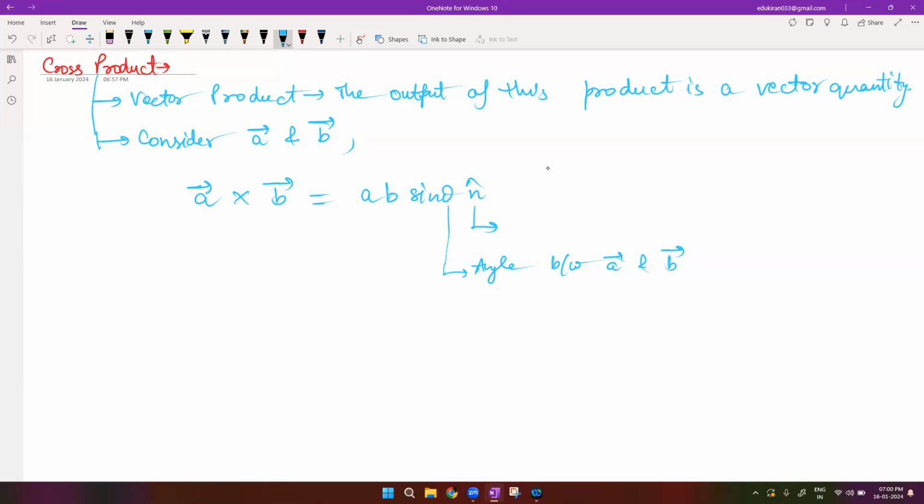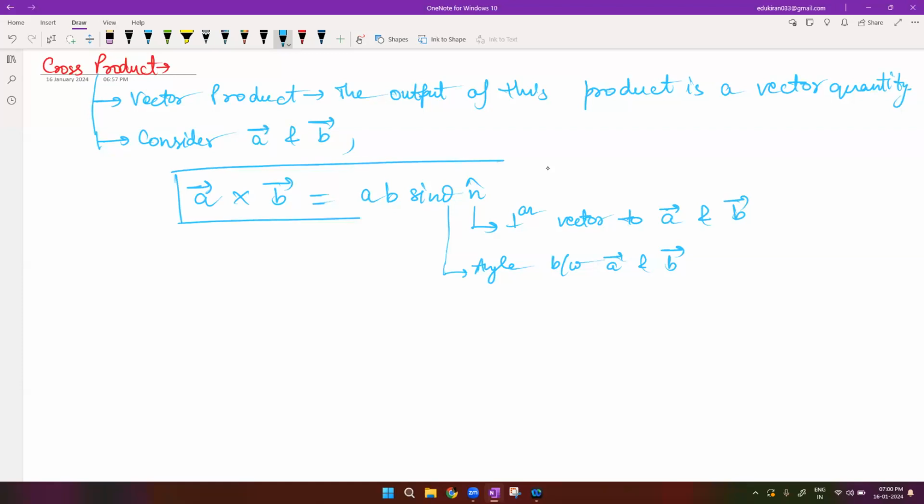Now this n cap is a perpendicular vector to A and B. That is, whatever we get as the output of A cross B will be a vector which is perpendicular to A and perpendicular to B. So the output of A cross B is a vector which makes 90 degrees with A as well as 90 degrees with B. And based on that property, we have discussed this in the previous class also.